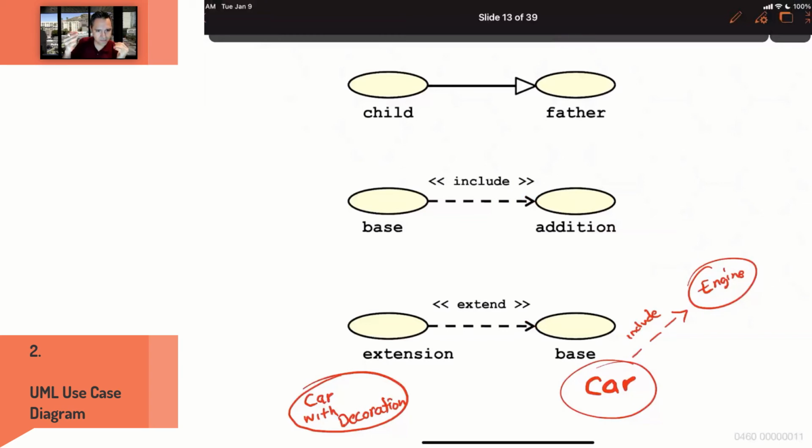A car with a flower, a car with a particular addition. I have something that is a car, but has something irrelevant, something extra. This is an extension of car because it's still a car with something else, something irrelevant.